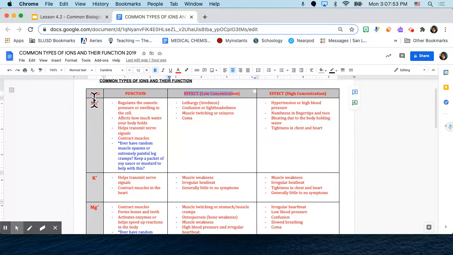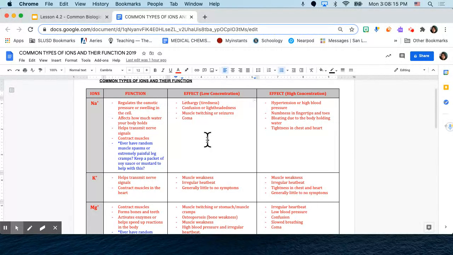For example, if you don't have enough sodium ions in your body, you might feel lethargic or tired. Symptoms include confusion, lightheadedness, muscle twitching, and in extreme cases, coma. Some of these are very rare and in extreme cases that will almost never happen.